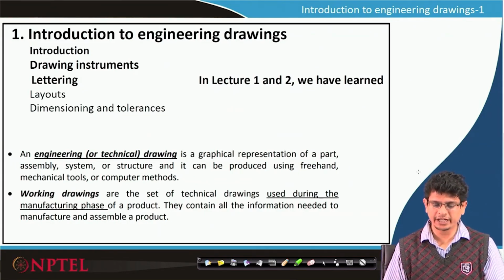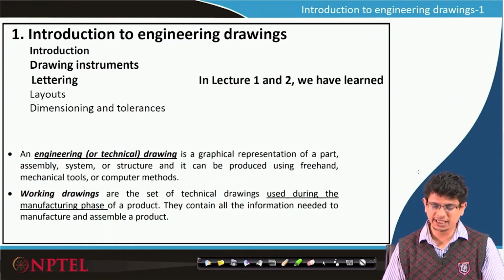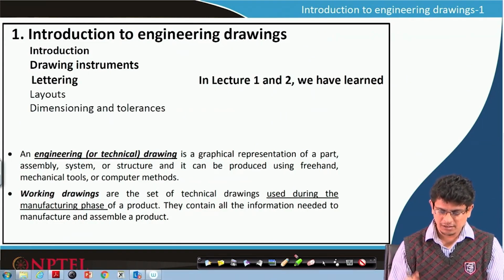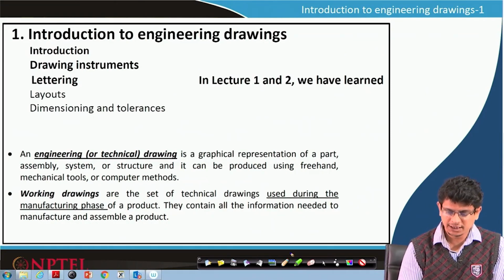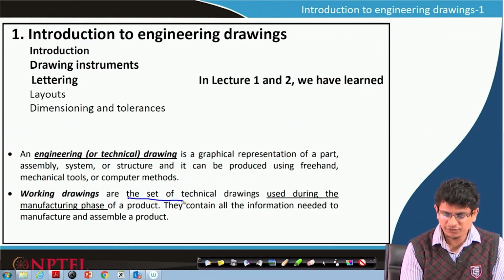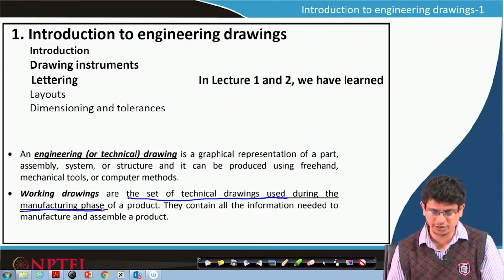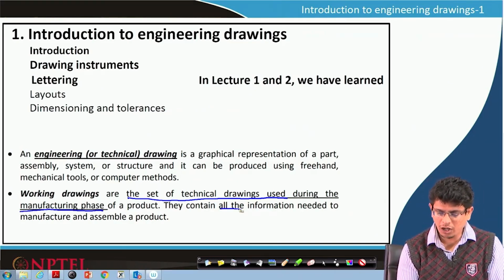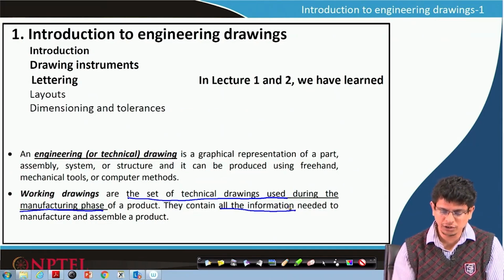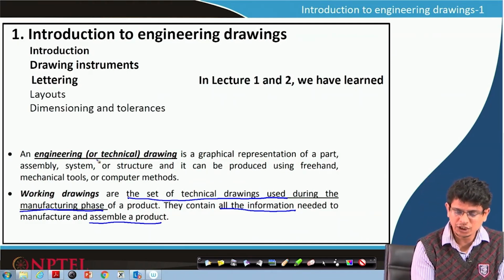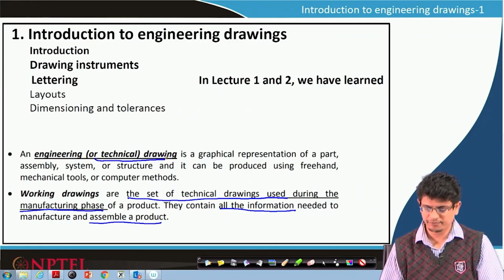Once the drawing is done, it is sent to production and is called a working drawing. Working drawings are the set of technical drawings used during the manufacturing phase of a product. They contain all the information needed to manufacture and assemble the product. In our course, we mainly focus on engineering or technical drawing.